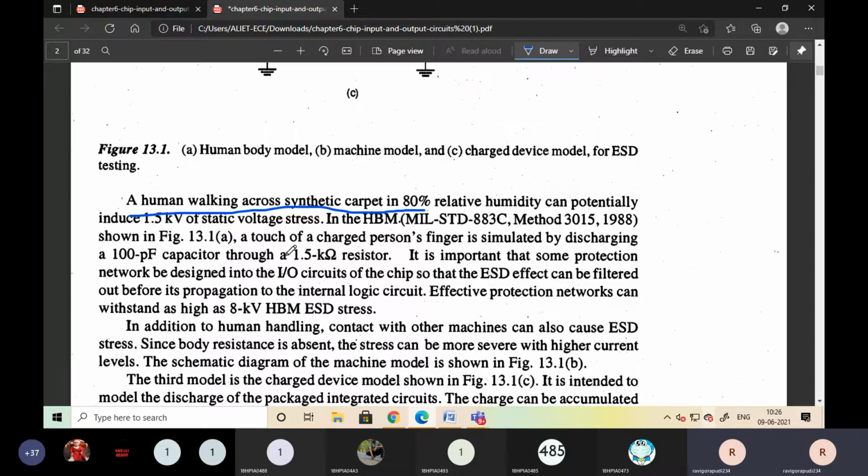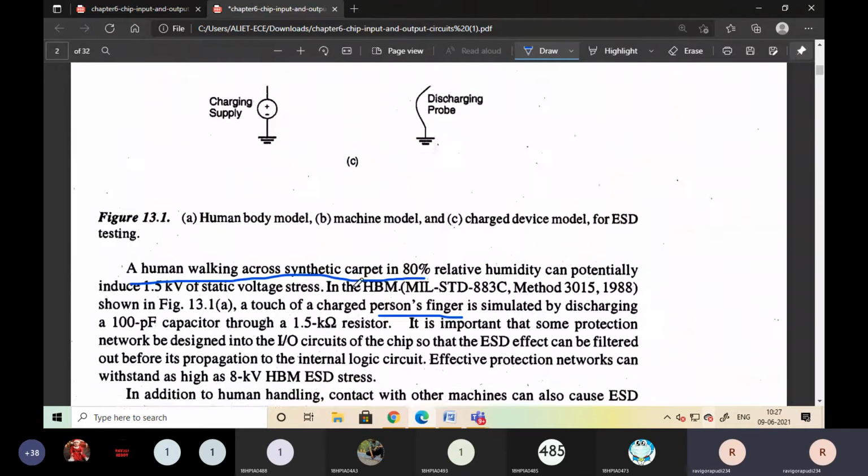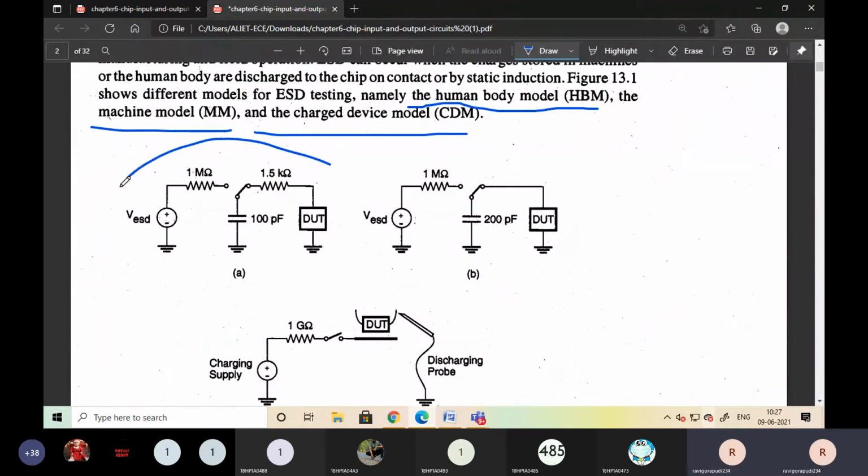A touch of a charged person's finger is simulated by discharging a 100 picofarad capacitor through a 1.5 kilo ohm resistor. Whatever ESD appears from a person's finger can be avoided by using this circuit.